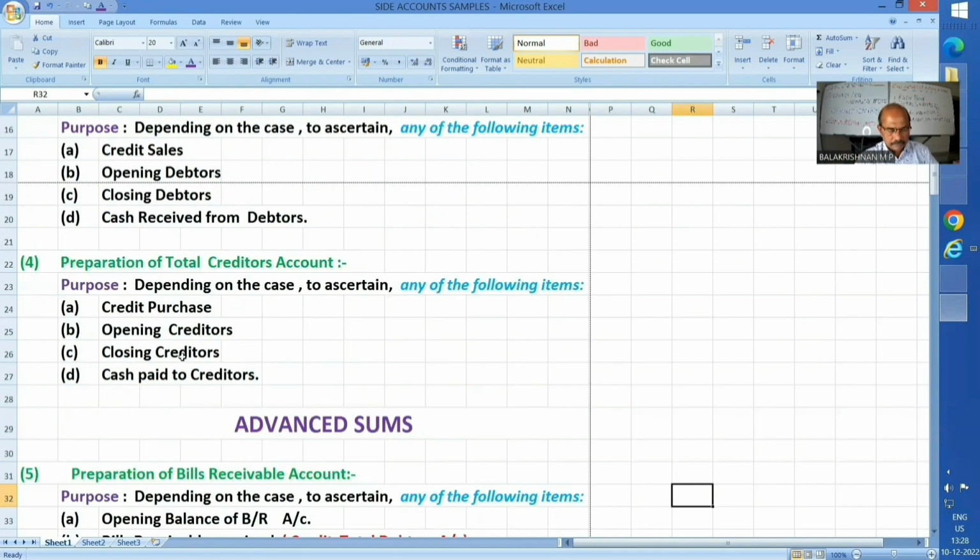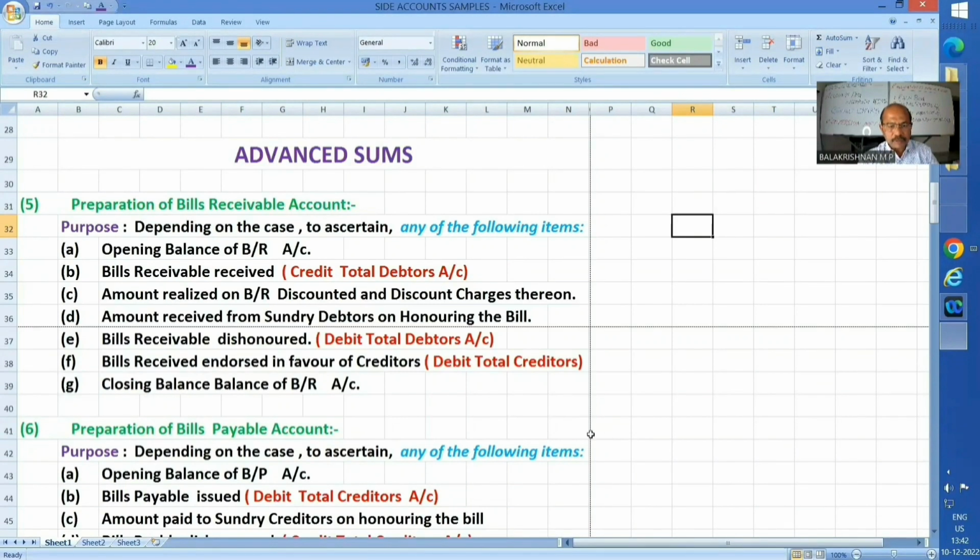Right. Similarly, preparation of total creditors account. Purpose: depending on the case, to ascertain any of the following items: credit purchase, opening creditors, closing creditors, cash paid to creditors. Okay.